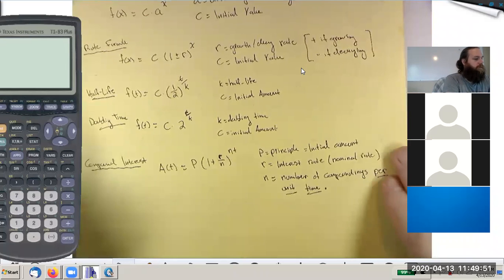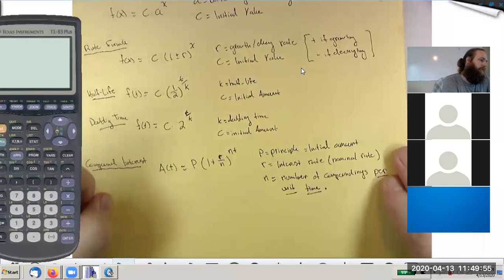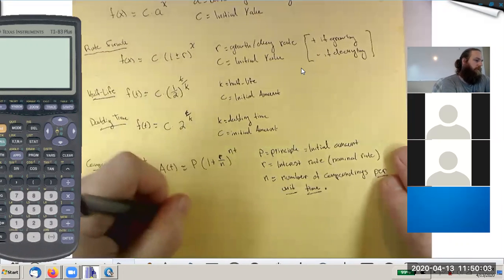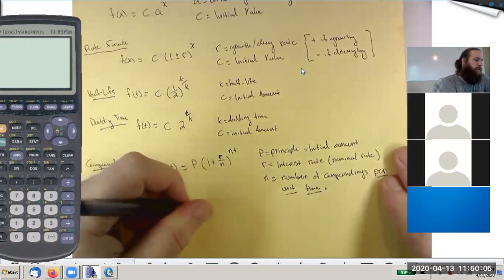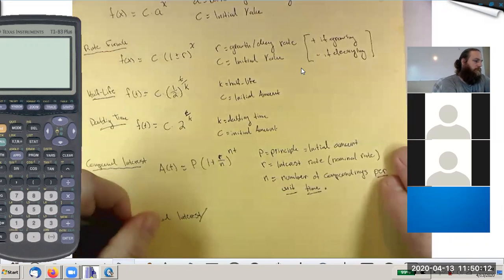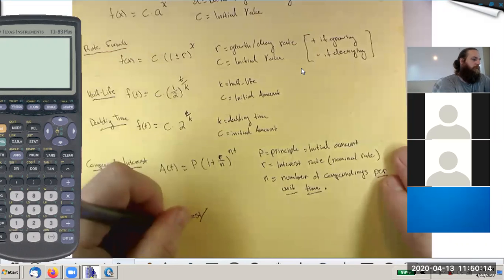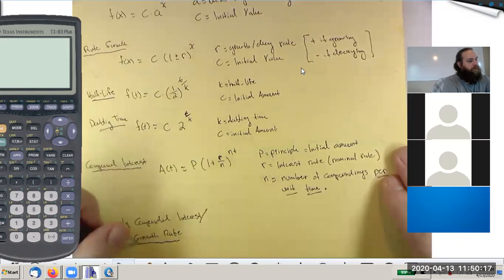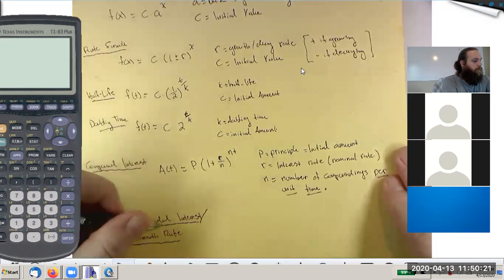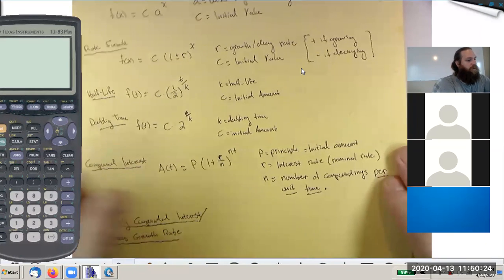And then the last one is the continuously compounded interest, which is also sometimes called the continuous growth rate formula. This is for any problem where they tell you you're growing at a continuous rate, or you have continuously compounded interest.